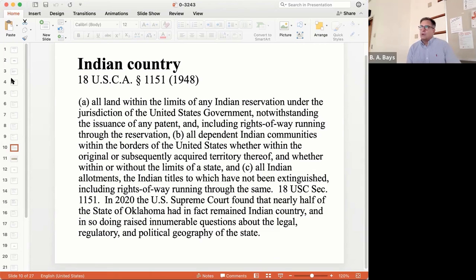What would be a subsequently acquired territory? And whether within or without the limits of a state. So it could be within a territory. In 1948, did we have any territories?